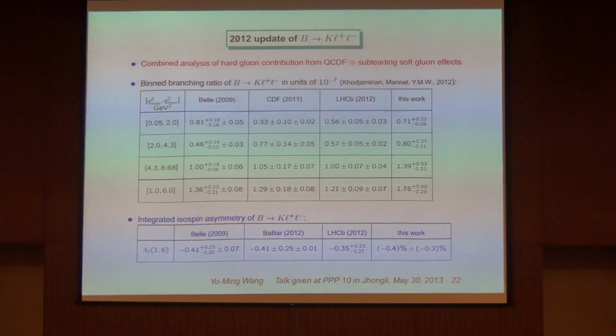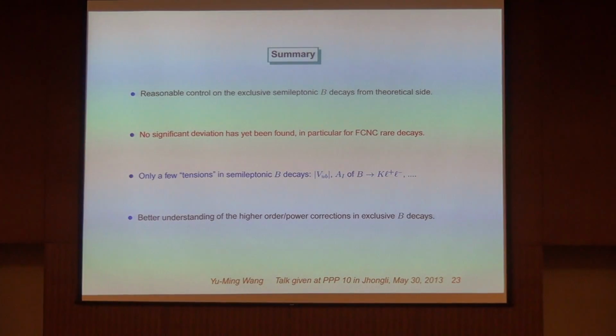Okay, now let's come to the conclusions. It is fair to say that we have reasonable control of the exclusive semileptonic B decays on the theoretical side, due to developments in many different directions, including factorization theorems, effective field theory, and non-perturbative approaches. Up to now, no significant deviations from the standard model have been found, in particular for the FCNC decays, where we expect there might be some new physics.